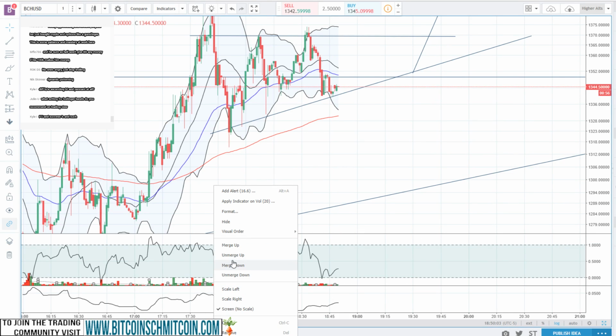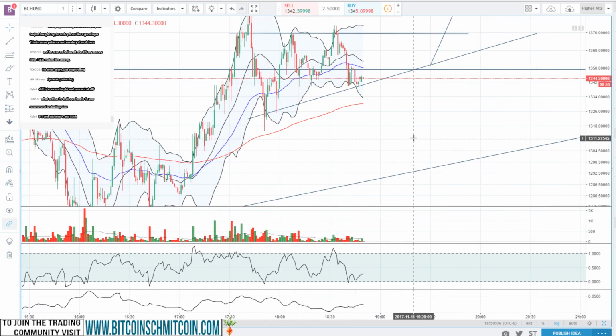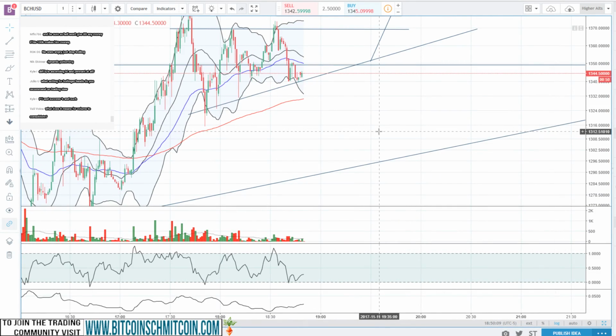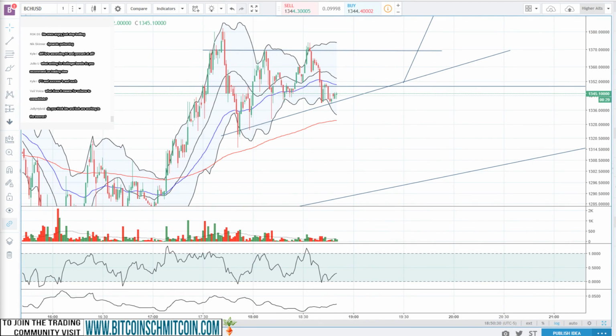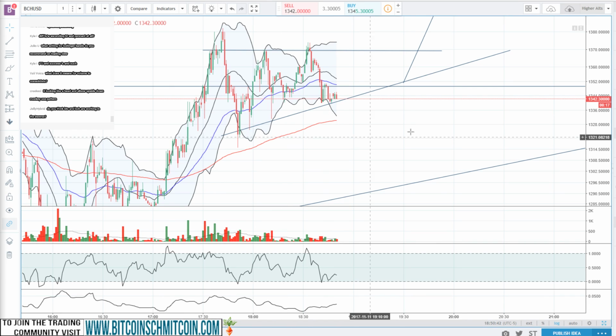Ooh, no. Do you think Bitcoin and BCH are working in inverse? I know they're working in an inverse. That's why the Bitcoin BCH ratio is going up.